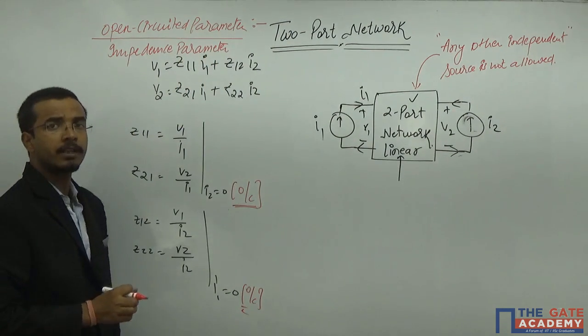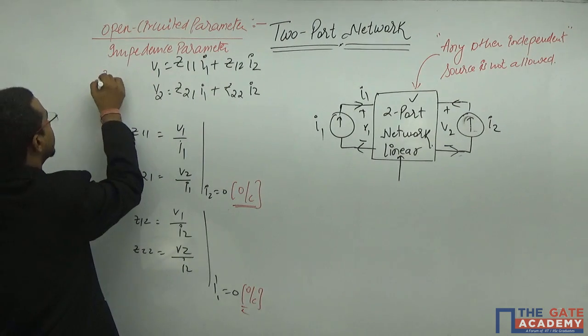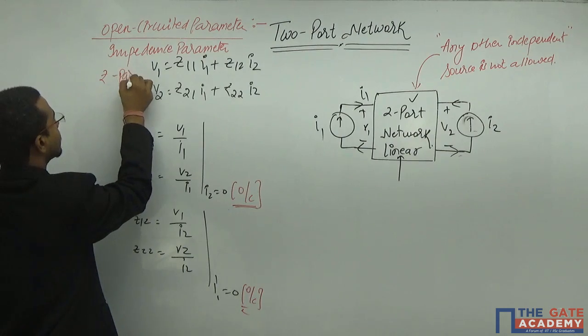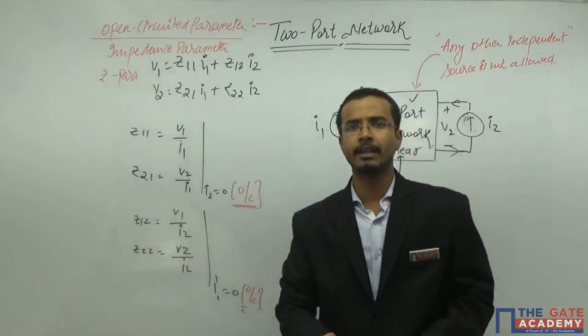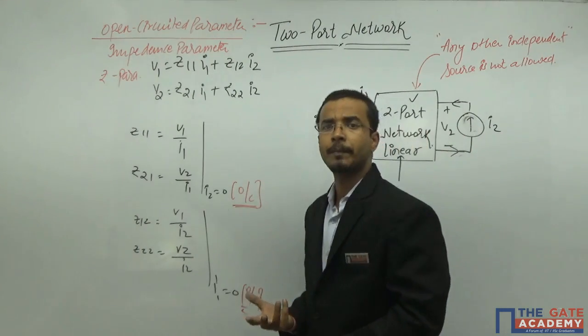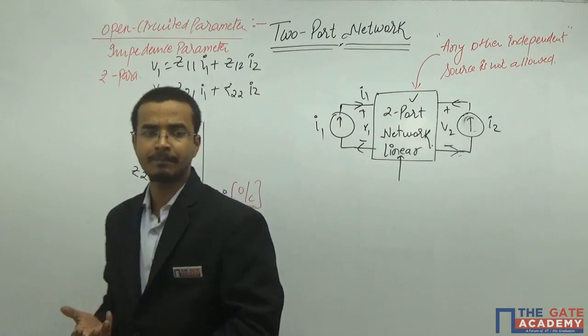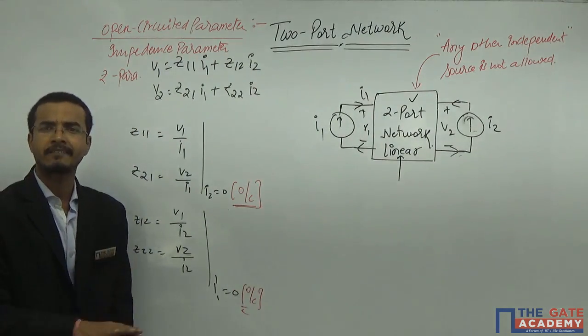And the symbolic representation of the impedance is Z. That is why it is also known as the Z parameter. Either they will ask for the open circuit parameter or the Z parameter or the impedance parameter, all have the same meaning.